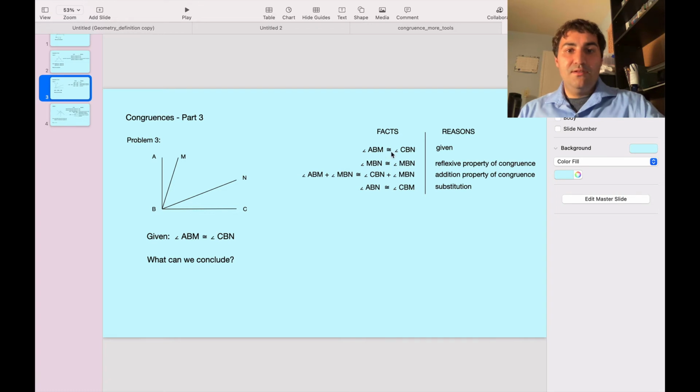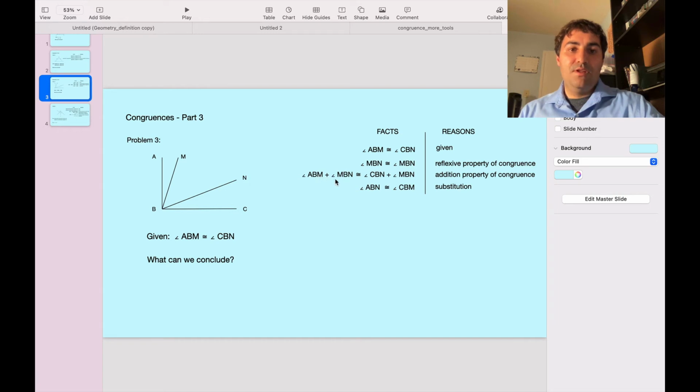So when we have these two congruences here, let's add them together to get angle ABM plus angle MBN is congruent to angle CBN plus angle MBN. So this is the addition property of congruence. And then we take a look at what this represents.